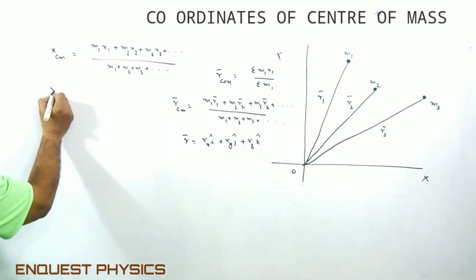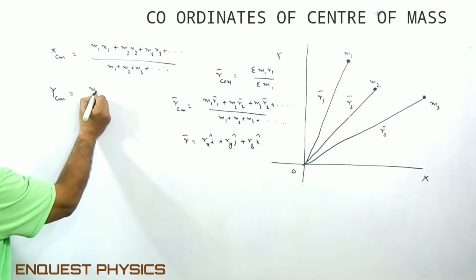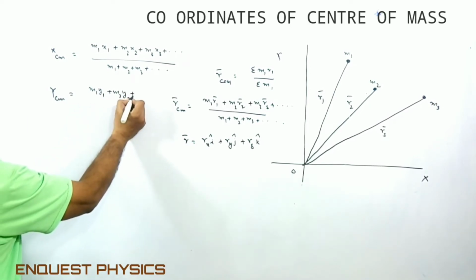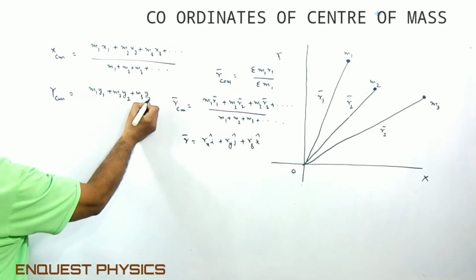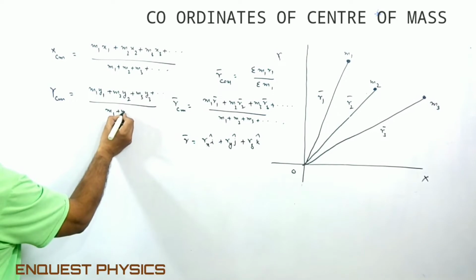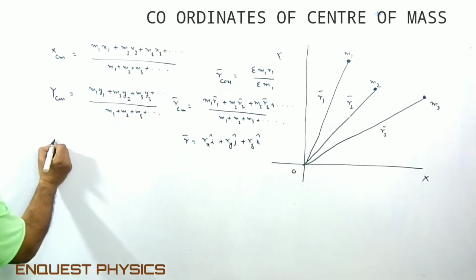In the same way, YCM, the coordinate on the y-axis, is equal to m1 y1 plus m2 y2 plus m3 y3 plus so on, by m1 plus m2 plus m3 plus so on, students.